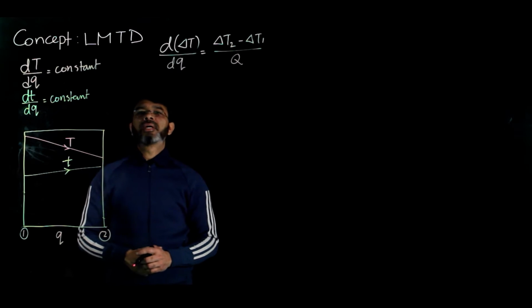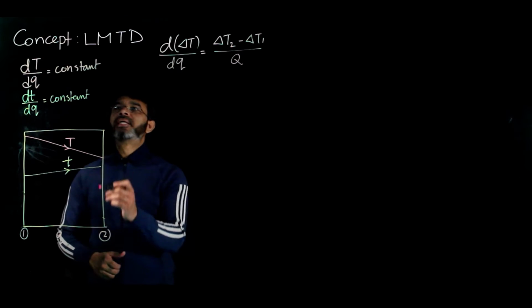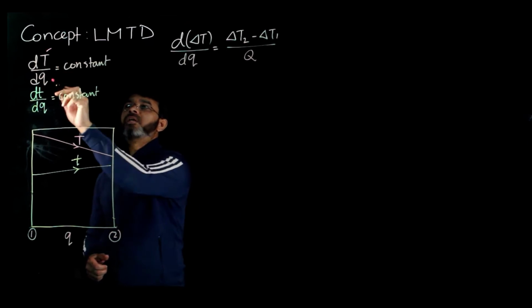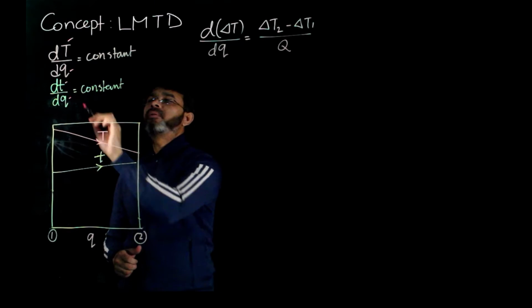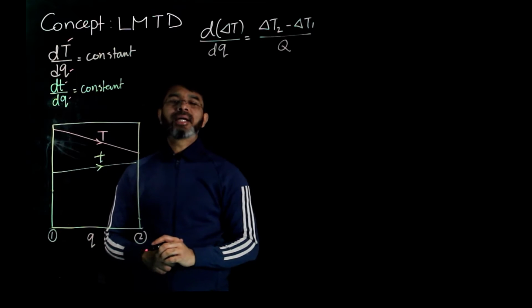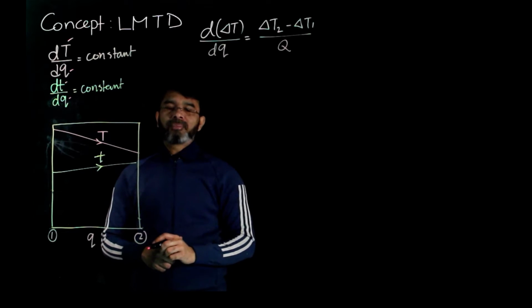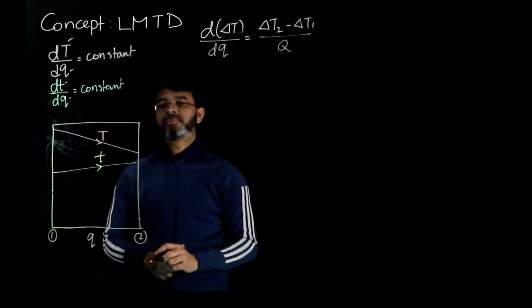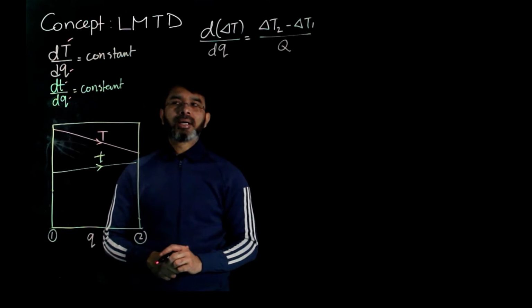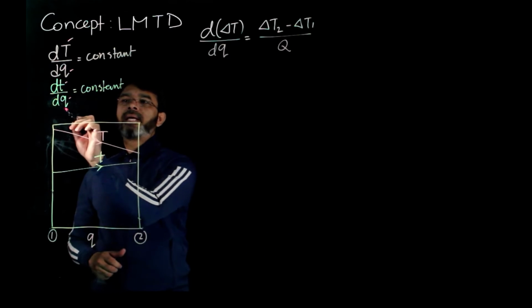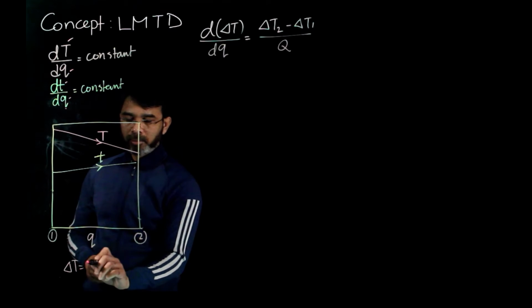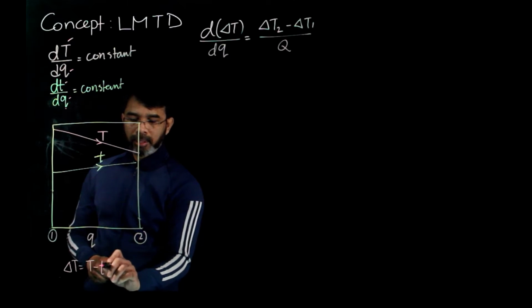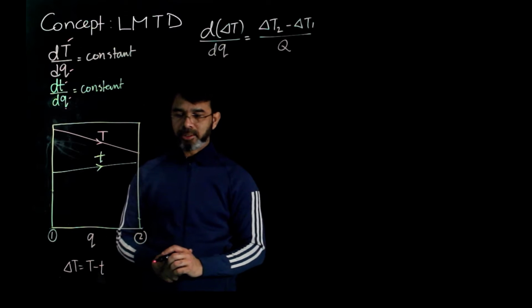Now we have seen from the assumptions that d capital T over dq is a constant, and also this small t over dq is also a constant, meaning that the temperature of the hot fluid and the temperature of the cold fluid both are linearly dependent on q. Now we know that delta T is nothing but T minus t at a point.